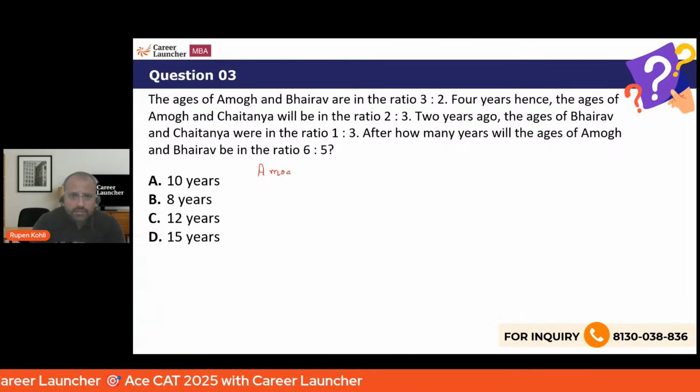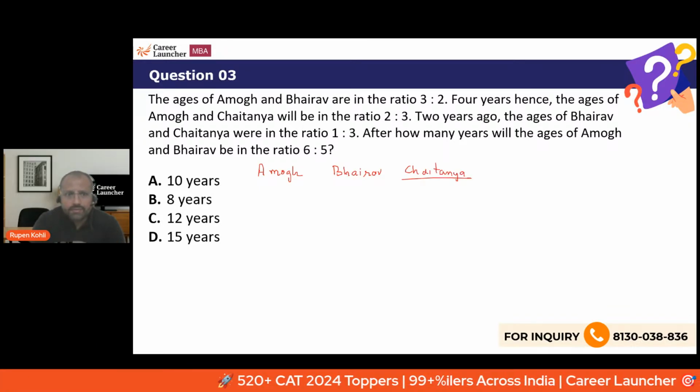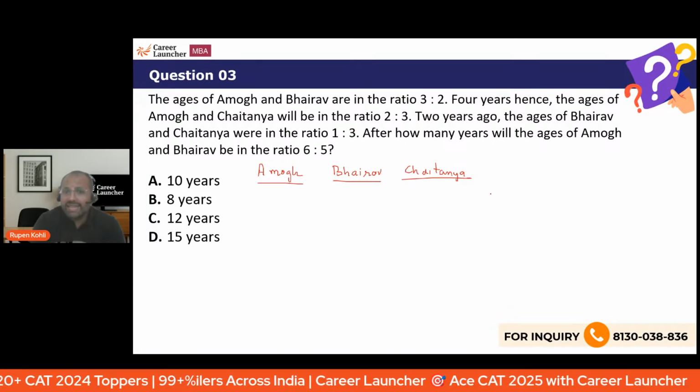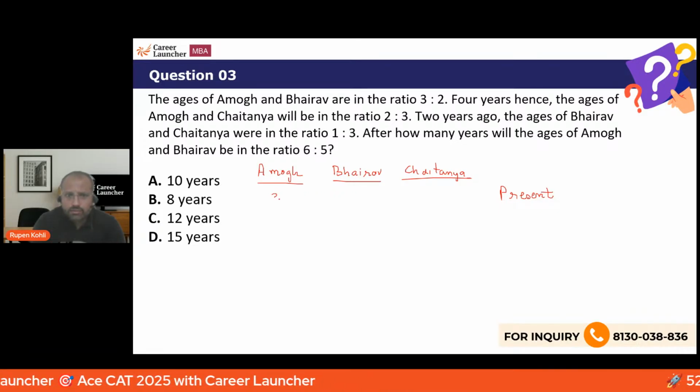So let's start. We have Amog, we have Bhairav, and we have Chaitanya. So we start from the very first statement. The ages of Amog and Bhairav are in the ratio 3:2. So right now, we are talking about the present, obviously. So we'll first of all define the ages based on 3:2 as 3k and 2k, right?